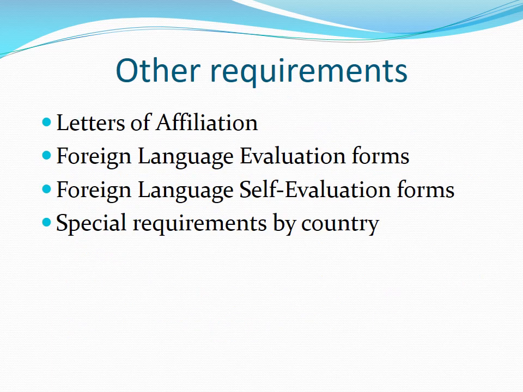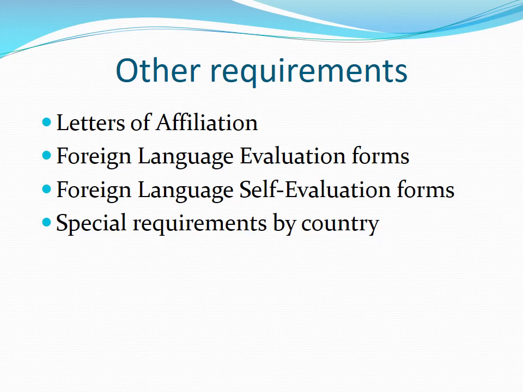So other requirements will vary based on the kind of grant you're applying to in the country. If you're applying for a research grant in particular, you need a letter of affiliation. This is the letter that you get from someone in the host country who has agreed to supervise your work and writes a letter for you saying they would be happy to host your research if you were awarded a Fulbright.